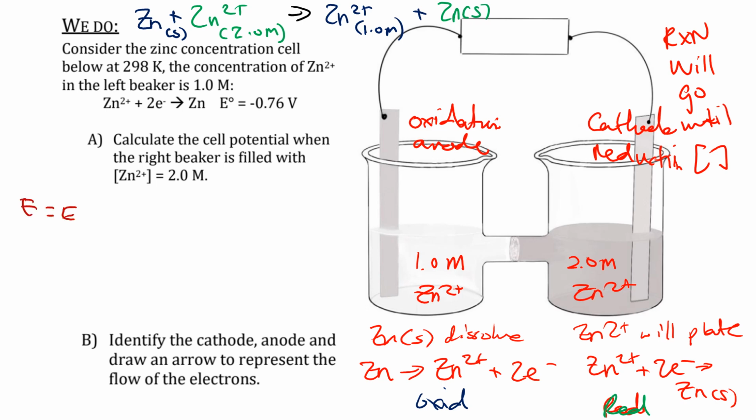E equals E0 minus RT over nF times the natural log of the products over the reactants.